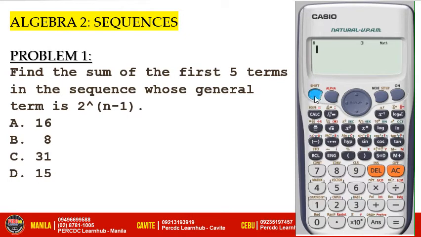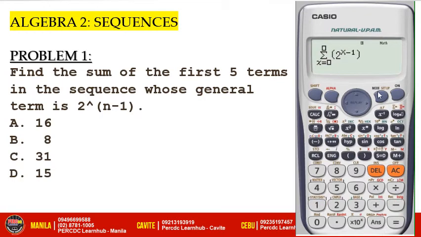Let's press shift, then lag para lalabas itong summation na symbol. And then copy lang natin yung nasa given, 2 raised to n, but instead of n, x na lang yung gagamitin natin, and then minus 1.